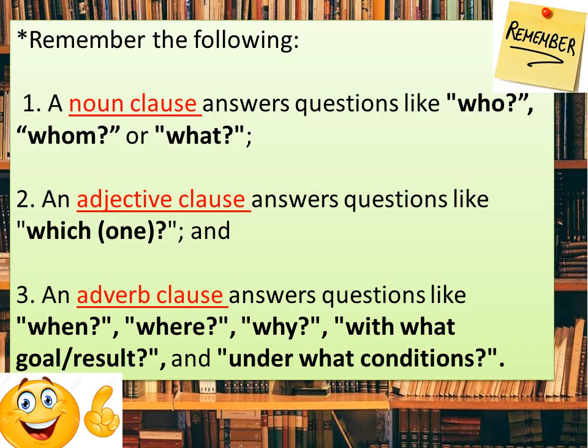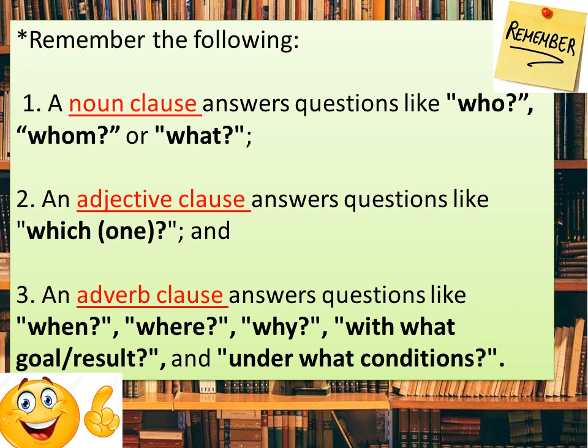Okay? I have here some reminders in order for you to distinguish the different categories of dependent clause. First, a noun clause answers questions like who, what, or whom. Second, an adjective clause answers questions like which one or which.